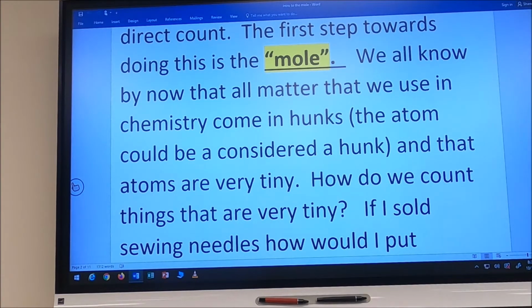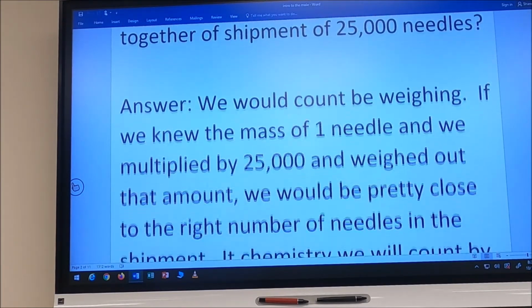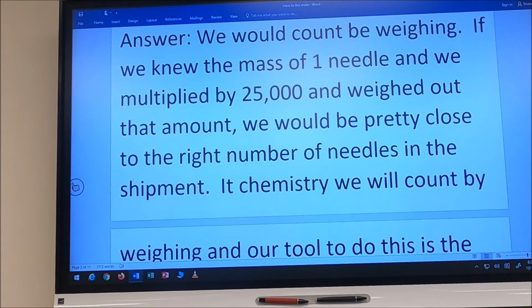If we wanted to measure out something like that, we would count by weighing.